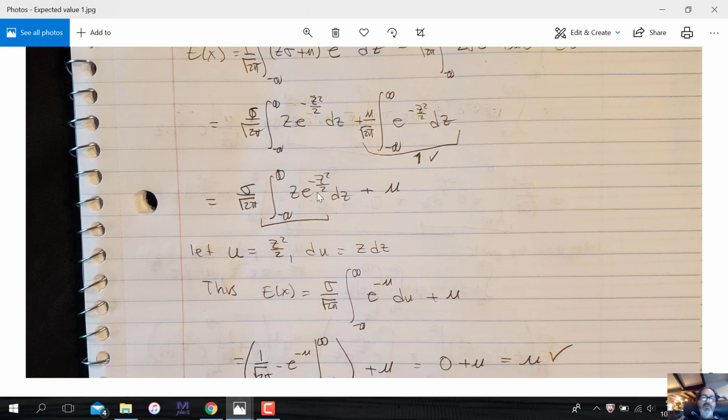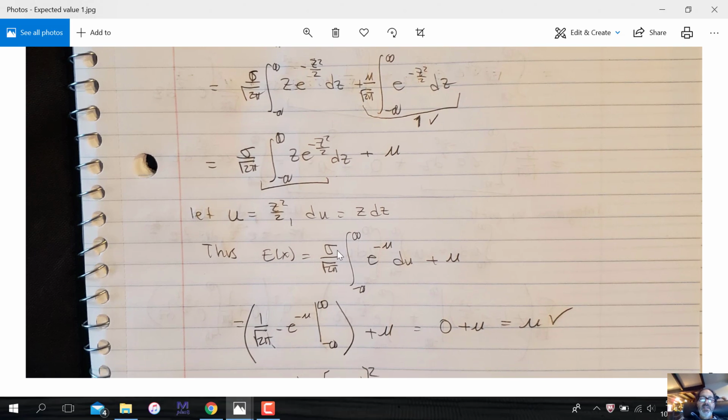So we'll do a little u substitution, let u equals z squared over 2. So du is equal to z dz. So that's going to get rid of this z, because now the z dz is going to be replaced by du. So we get sigma over square root of 2 pi times this integral.